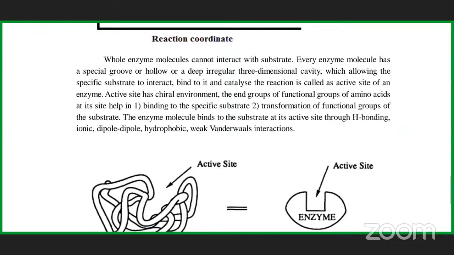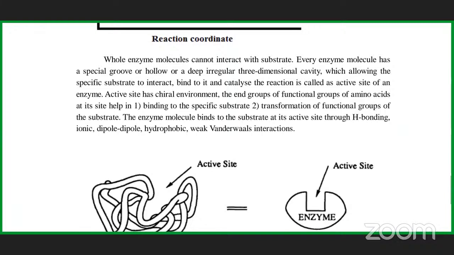And this active site, generally all the active sites, have chiral linkage. The end groups of the functional groups of amino acids inside help in binding to this specific substrate, the transformation of the functional group of the substrate.